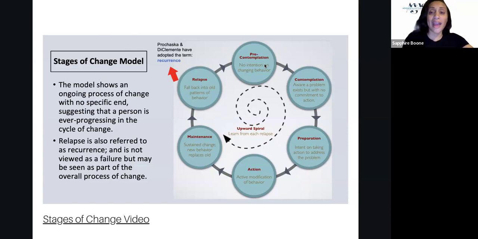If they have no awareness or no intention, then our actions are going to be different than if they're prepared to change. We may need to do more educating and more discussion around the problem if they are in pre-contemplation or contemplation, versus if they're really preparing to change or actively changing, then our actions are going to be a little different.